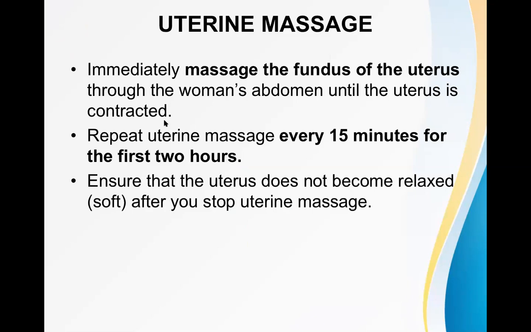The uterus which is well contracted has a hard feeling. Repeat this uterine massage every 15 minutes for the first 2 hours after the delivery, especially for the first 1 hour. It really helps to decrease the bleeding from the uterus.